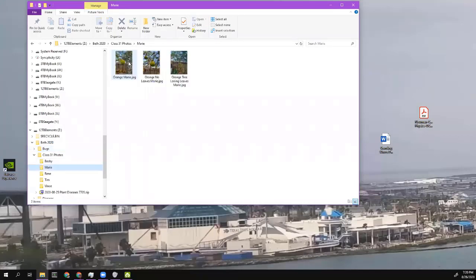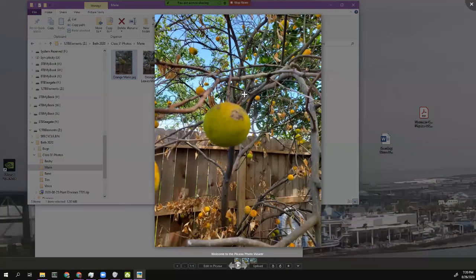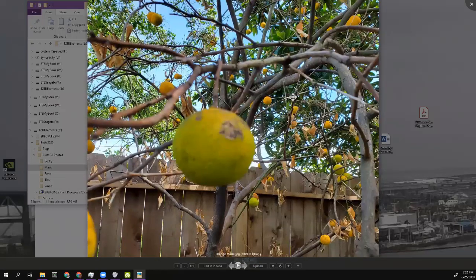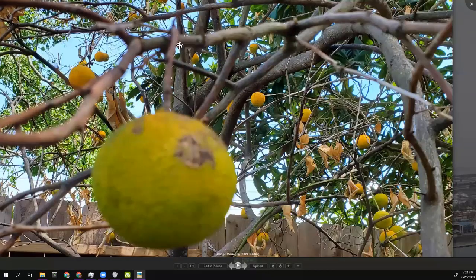And can you still see my browser screen here? Yes. All right. So we've got an orange, and this is not citrus scab. It's not canker.